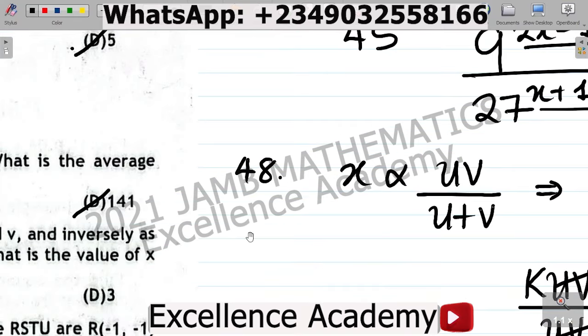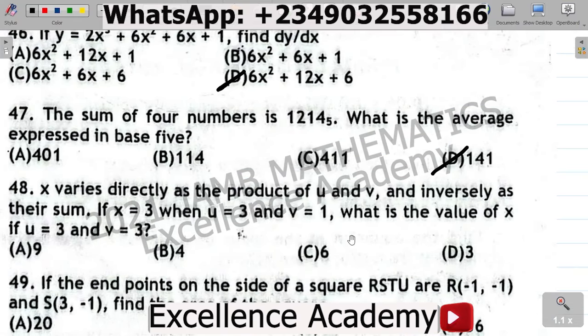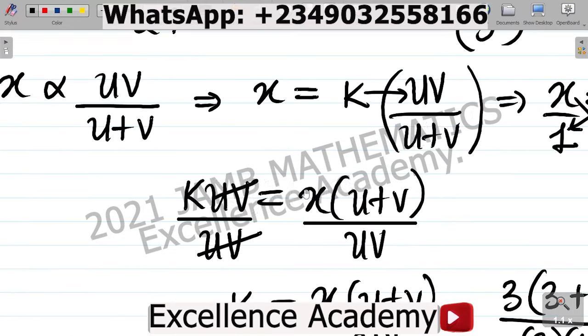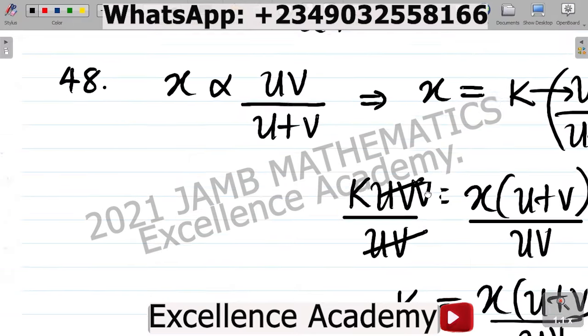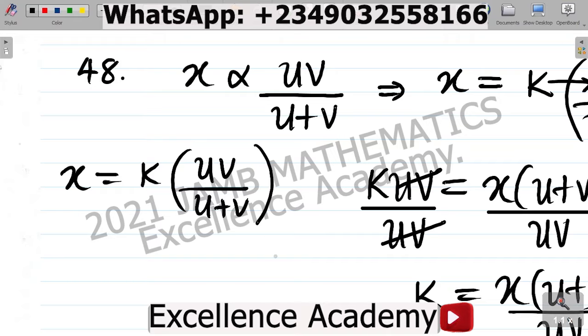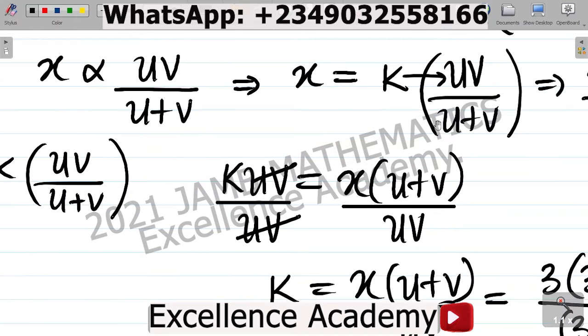We've gotten the constant k as equal to 4. Now that we have the constant k, let's look at the next set of values. For the next set of values, they said, what is the value of x if u is equal to 3 and v is equal to 3? We know that x is equal to k into uv all over u plus v, as you can see here.